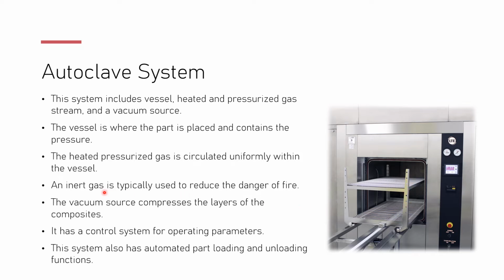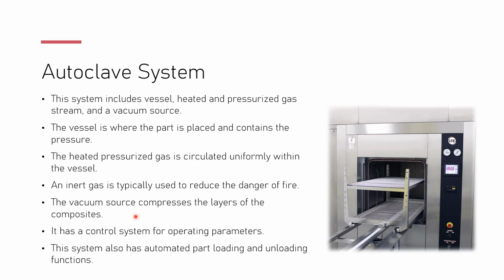That's why we have nitrogen. Nitrogen is the highest percentage in the air, because without that, our world would be on fire. We can live in this safe atmosphere because of the percentage of nitrogen, which is the inert gas. Again, what you need to know is that an inert gas inside of this machine reduces the danger of fire.